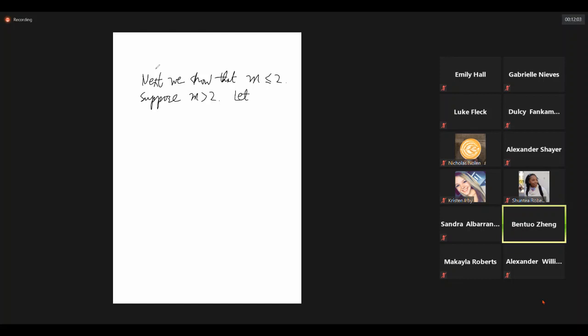Well, let a small number delta be equal to M squared minus 2 over 2M. So this is going to be a positive number. Delta is greater than 0. This is because M squared is greater than 2, so M squared minus 2 is greater than 0.